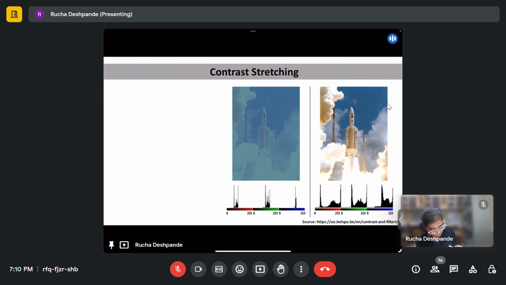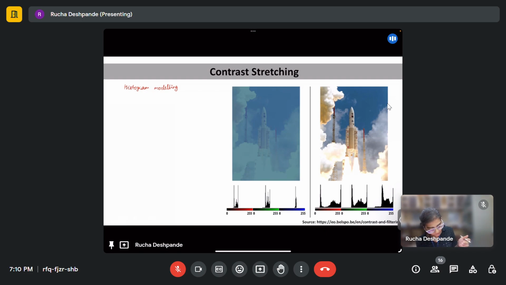Here we apply different types of transformations on the histogram.